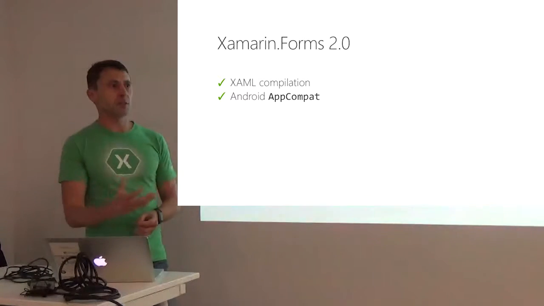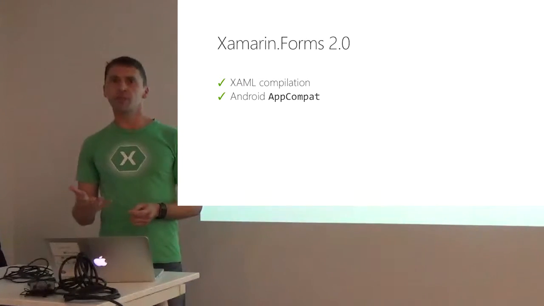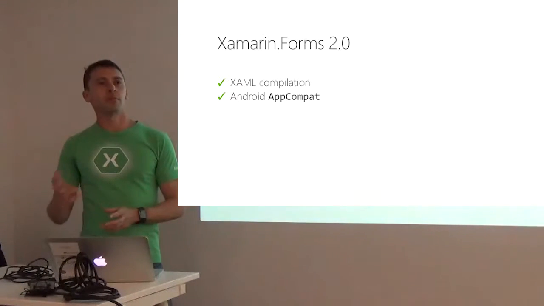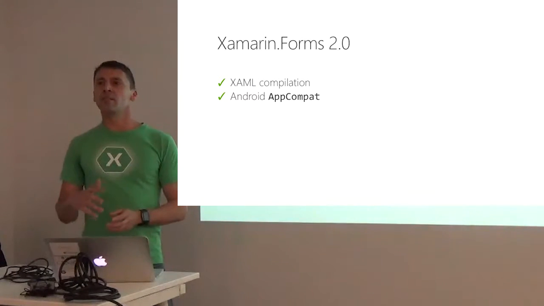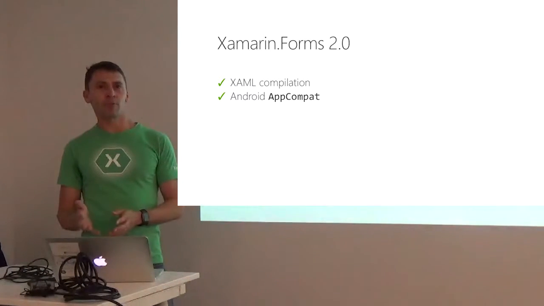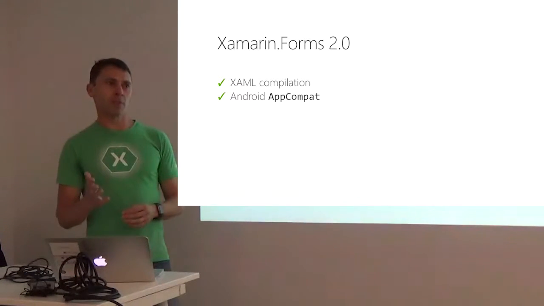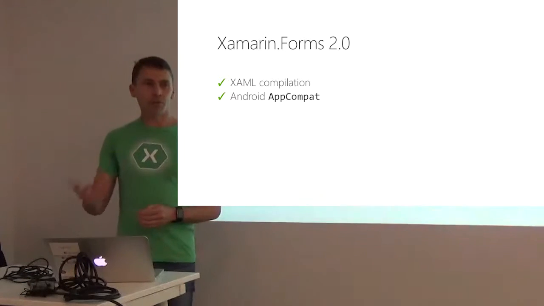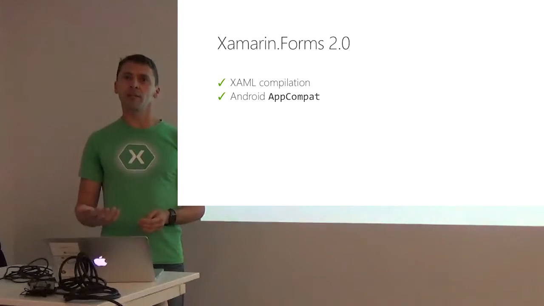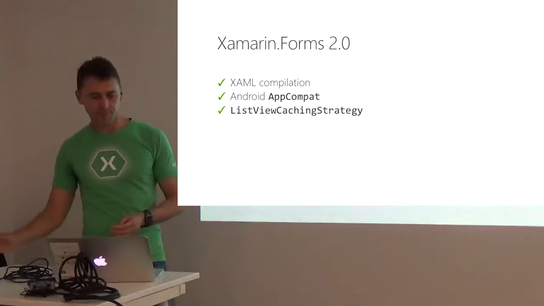What it does is pull in the app.compat activity that Google provides and the app.compat libraries so that you can better add material design, fragments, and other things to your Android Xamarin.Forms applications. I'll quickly touch on what that migration looks like as well, but it's recommended that going forward you convert over to the app.compat backend, and you'll see it in the templates in the future.